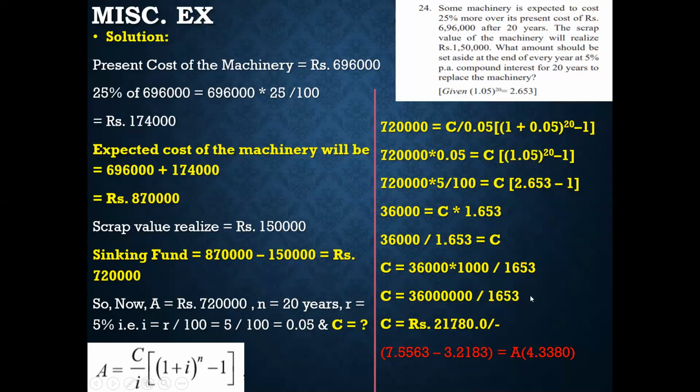There are 4 numbers, so 4 minus 1, 3. 16 under 5, mean difference 3, which gives you on adding 2183. So on subtraction, I get 4.3380. So anti-log 33 under 8 gives me 2178 by log table. And 4 plus 1 means 5. So after 5 digits from the starting, you have to put a decimal point. So 21780.0. In this way, you will get the answer by log table.